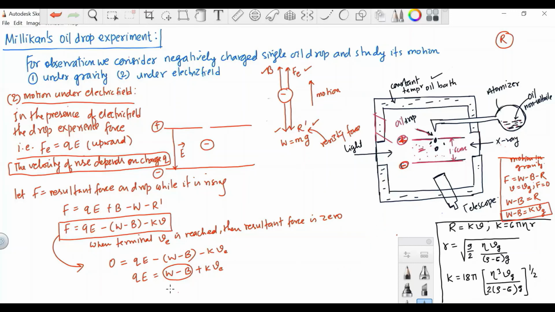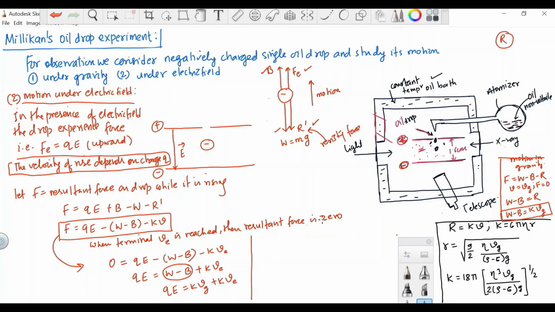Clear? So QE equals K times Vz plus K times VE. Clear? We have this.